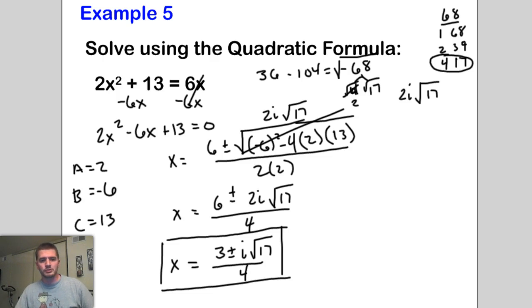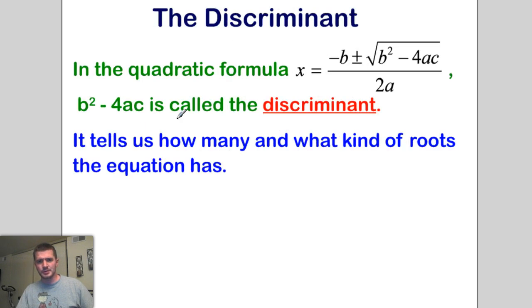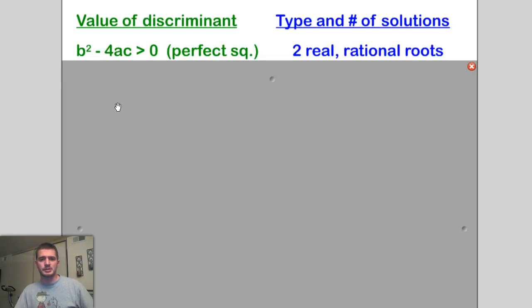Alright, so let's talk about the discriminant. Again, the discriminant is just going to be b squared minus 4ac, and it tells us how many and what kinds of roots the equation has. If I had done more examples, you would have seen a lot more of this, but I'm going to go through them anyway. So the first thing you'll notice is that if the discriminant is greater than 0 and it's a perfect square, that means you're going to have 2 real rational roots.